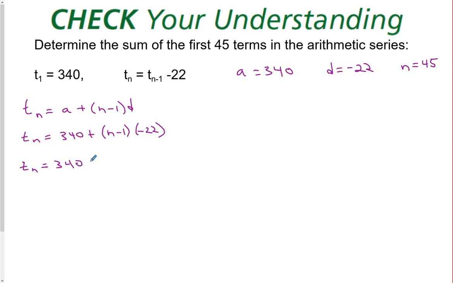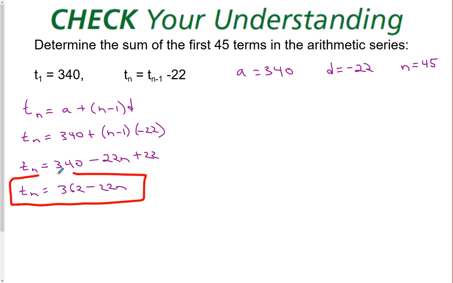I'm going to multiply that negative 22 through the brackets. Negative 22 times n is negative 22n. And negative 22 times negative 1 is positive 22. So when I add all these together by collecting my like terms, I'm going to end up with 362 minus 22n. So that right there is my general term. That's going to be useful for me.